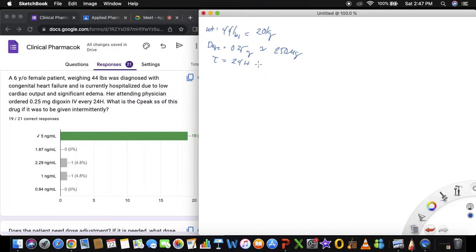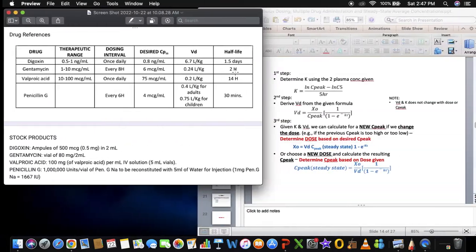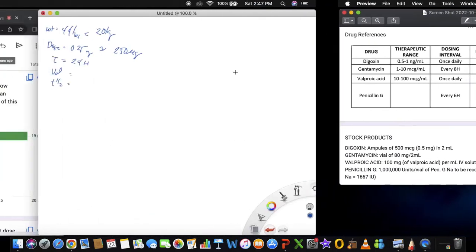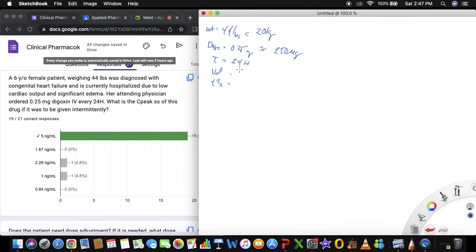So, ang required natin dito class is the C-peak. So, check muna natin si VD saka yung half-life niya. Ang VD nito ay digoxin 6.7 liters per kilogram, with half-life 1.5 days. So, kanyang half-life is 1.5 days, or we say class, it's equivalent to 36 hours.